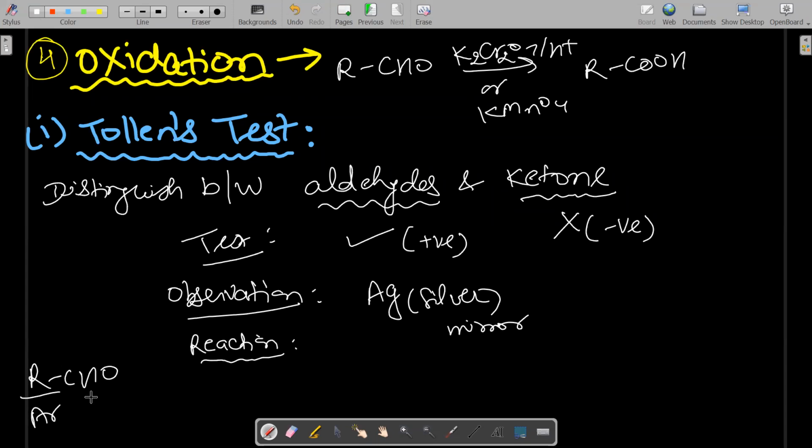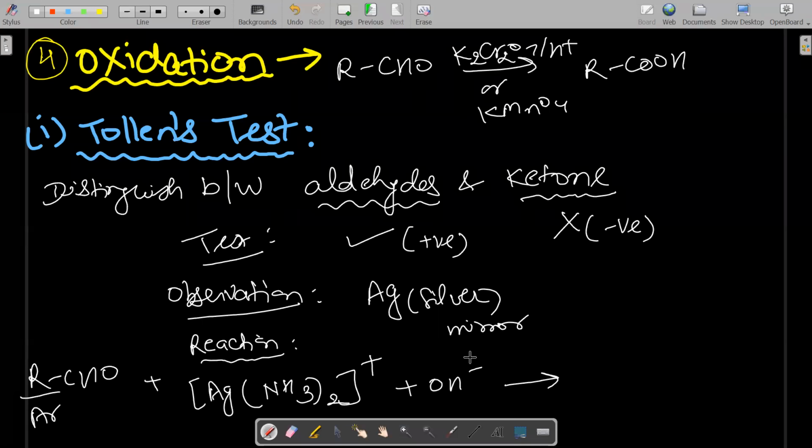So what is the reaction? Aldehyde, RCHO or ArCHO, reacts with Tollen's reagent. First I'm writing the equation: Ag(NH3)2 plus, in basic medium, a small amount of base is also required.